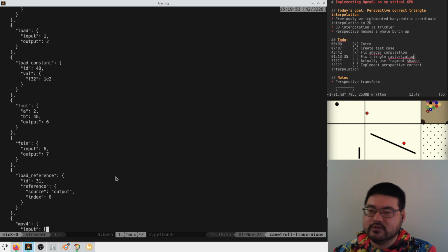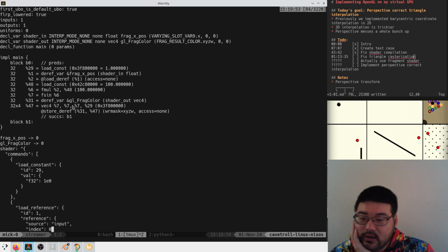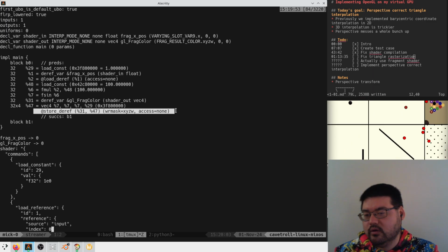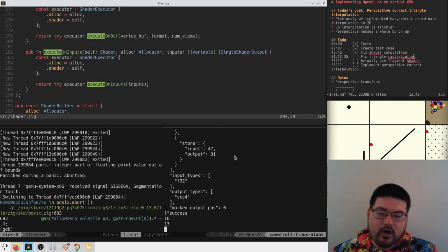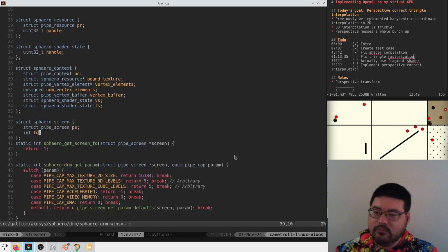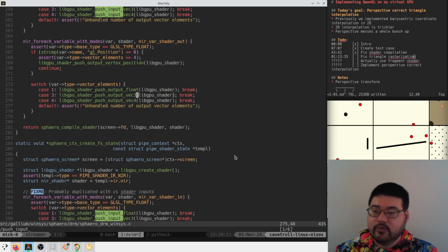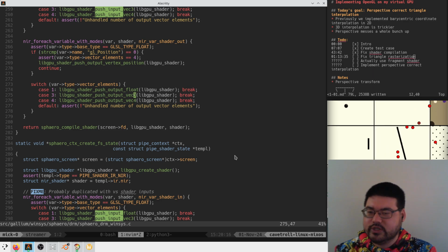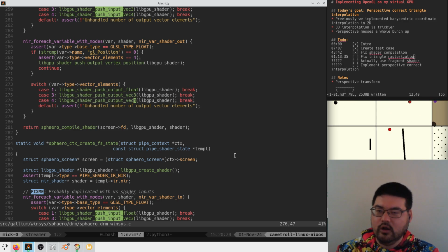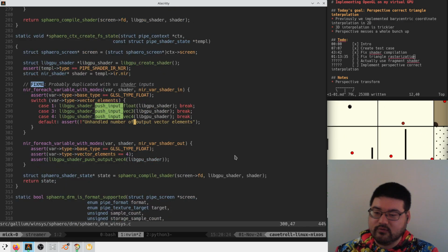Yeah, nice. Okay, so now we can scroll up. So it is supposed to be a vec4 output. It's possible that we made a mistake when we pushed our input definitions. So we do call push output vec4 if it's supposed to be a vec4, and this is on the fragment shader. Do we make that mistake over here?